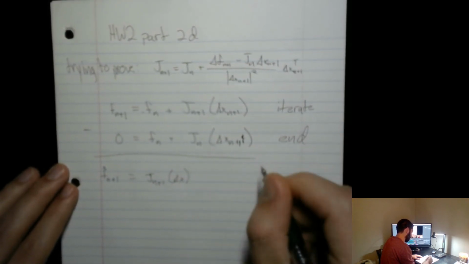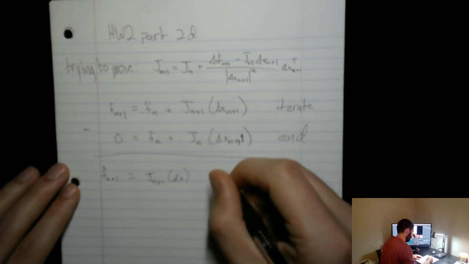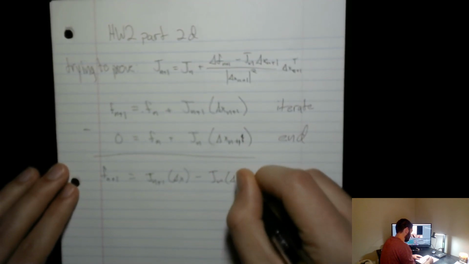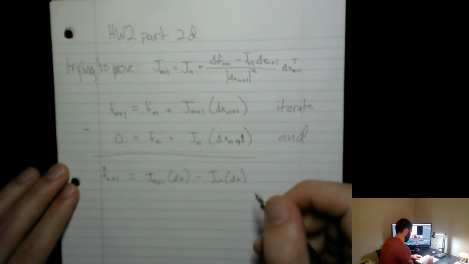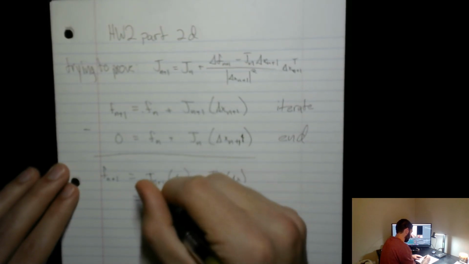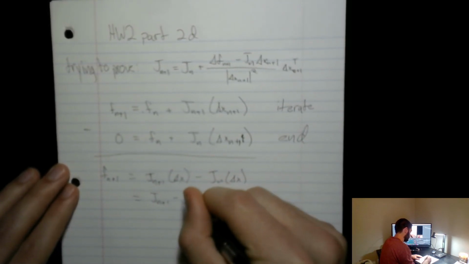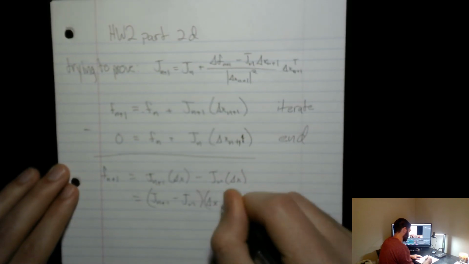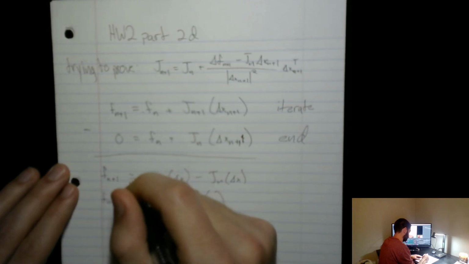I'm just writing delta x now, but it's the same as delta x n plus 1. We can see that both terms have this delta x, so we can pull that out and have it equal jn plus 1 minus jn, both times delta x. And this equals f of n plus 1.